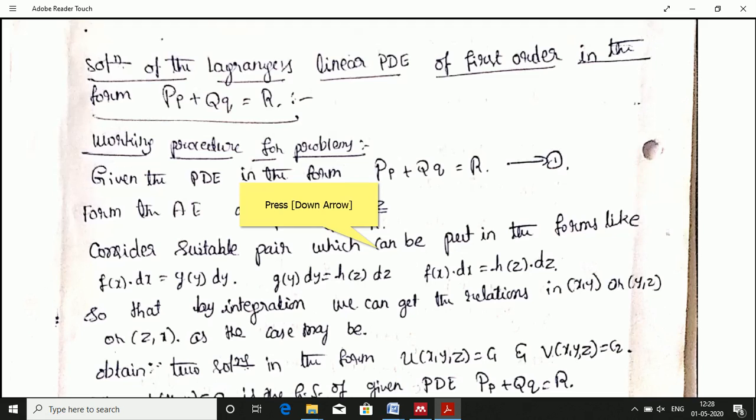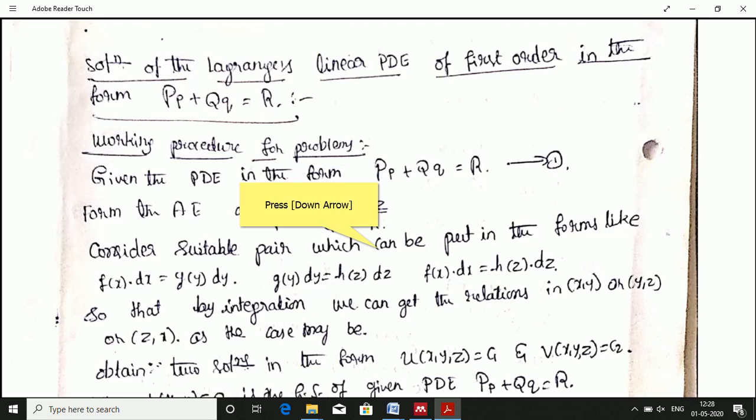Its auxiliary equation is of the form dx by P is equal to dy by Q is equal to dz by R. Substitute the values for capital P, capital Q, capital R and, by considering any two ratios, put those two ratios in the form f of x into dx is equal to g of y into dy, or g of y into dy is equal to h of z into dz, or f of x into dx is equal to h of z into dz.